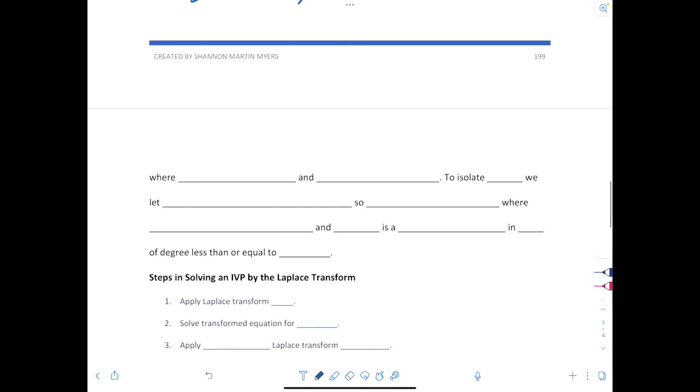where L of y at t equals capital Y at s, and L of g at t is equal to capital G at s.